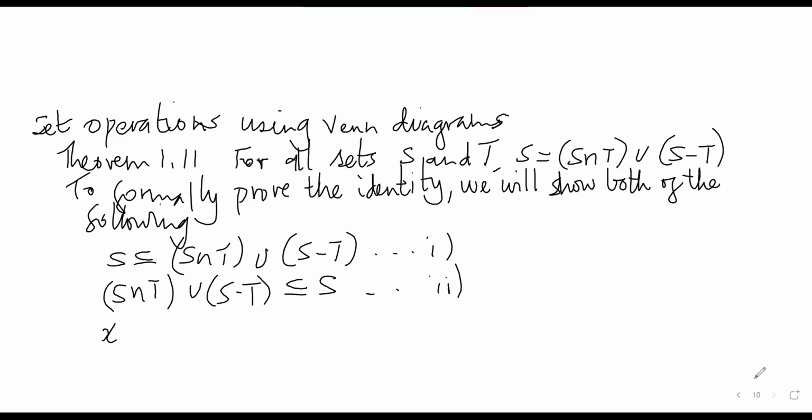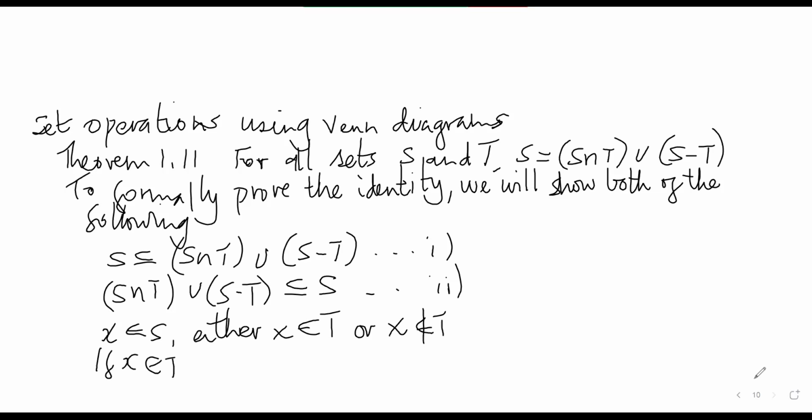If X is a member of S, then either X is a member of T or X is not a member of T. So if X is a member of S, then X could be a member of T or X could not be a member of T. If X is a member of T, then X will be a member of S intersection T. It follows.